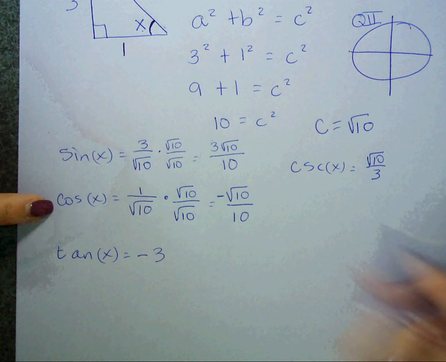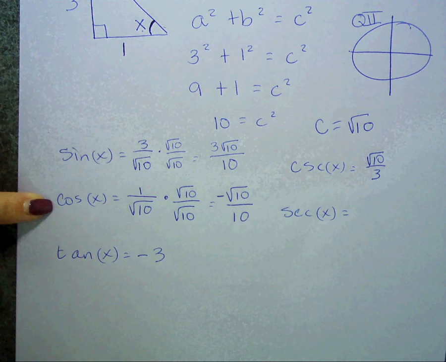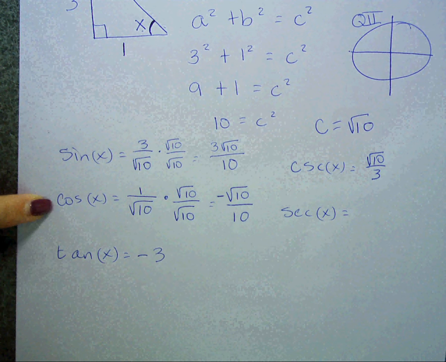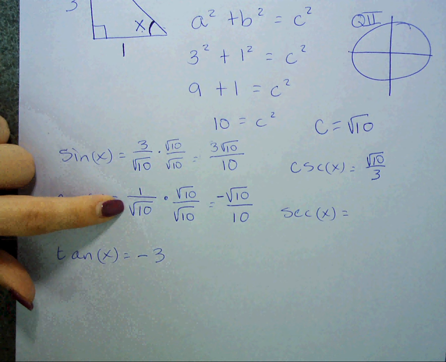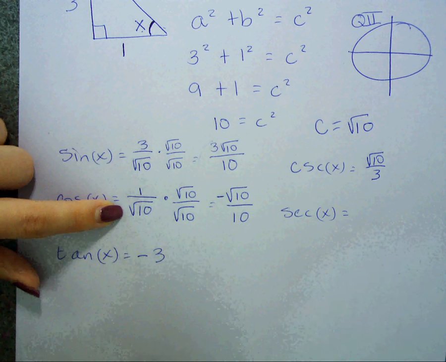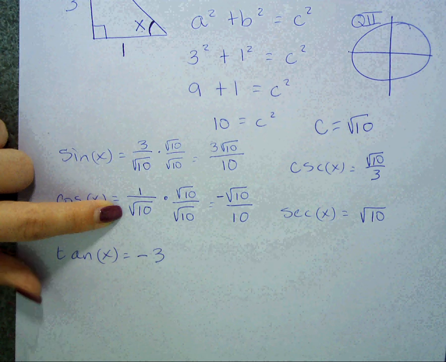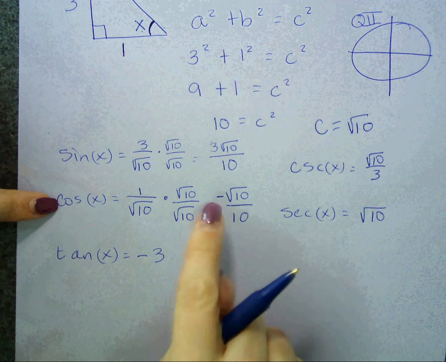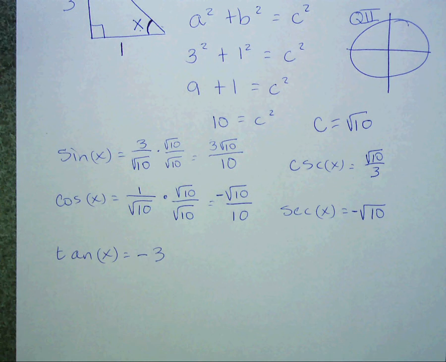And then the last one, secant, remember, is the reciprocal of cosine. So again, starting with the value I had before I rationalized it, 1 over the square root of 10. Secant is the reciprocal, so I'll just flip it over and get the square root of 10 over 1, which is just the square root of 10. We said cosine was negative, so secant is negative.